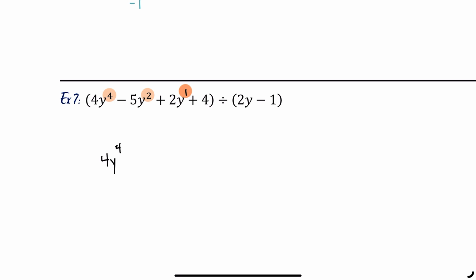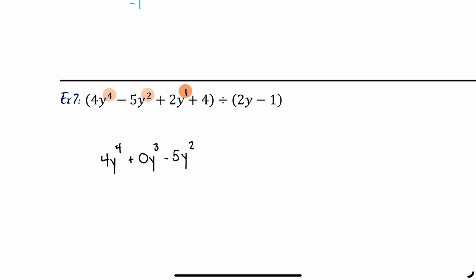So I'm going to have 4y to the 4th. I'm going to just represent where my third degree term would go, just in case I need it for lining up my multiplication. Then I'll have a negative 5y squared.